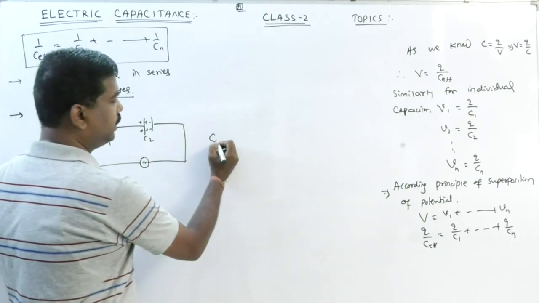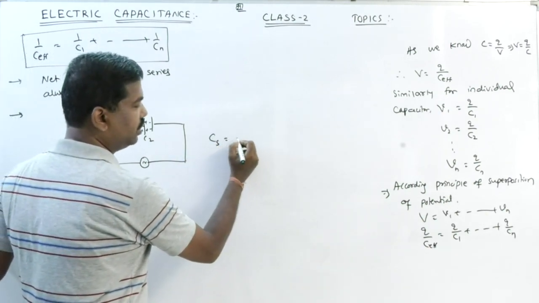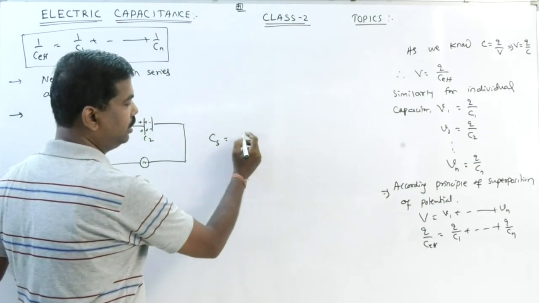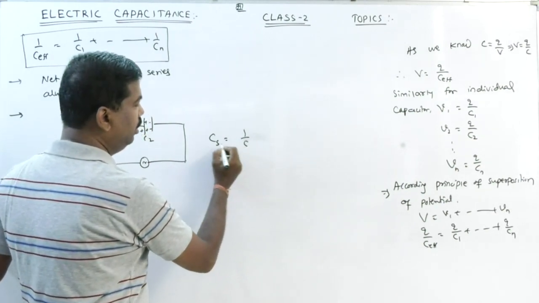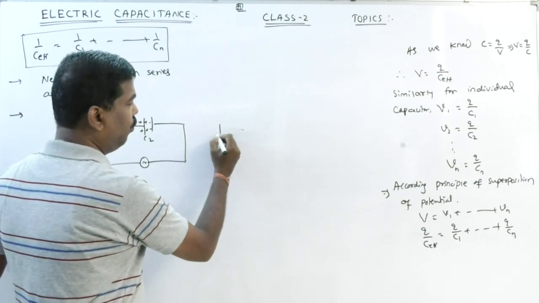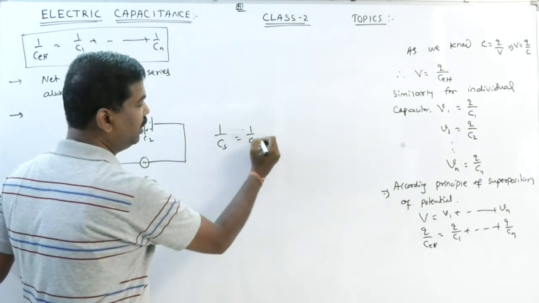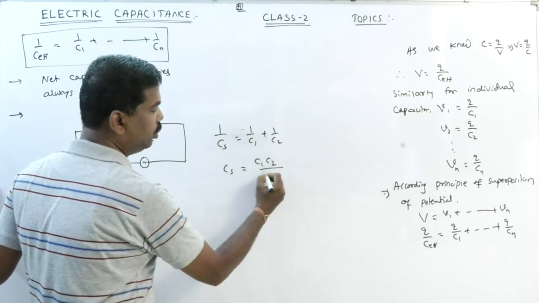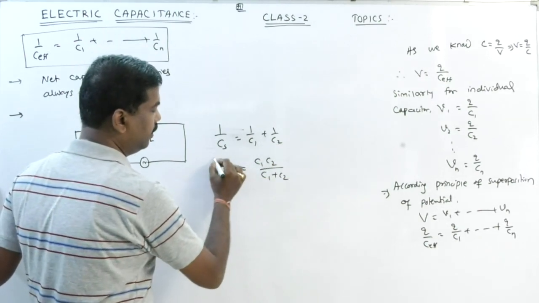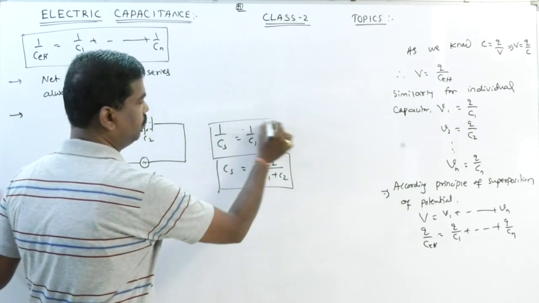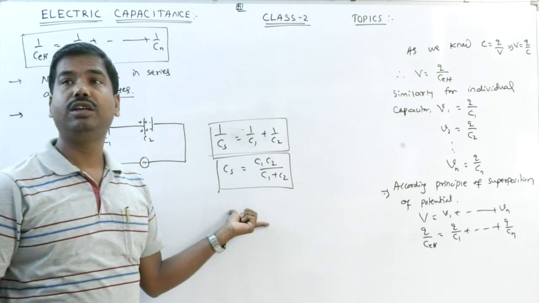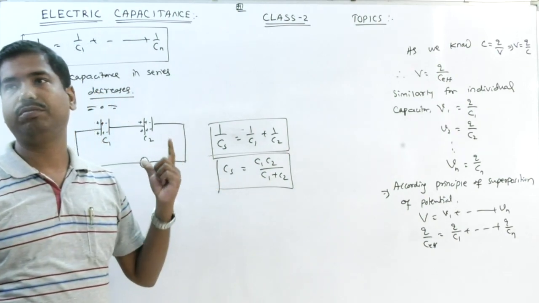Then effective capacitance C series: 1 by CS is equal to 1 by C1 plus 1 by C2, or CS is equal to C1 C2 by C1 plus C2. Clear? Hence net capacitance always decreases in series combination. Clear?